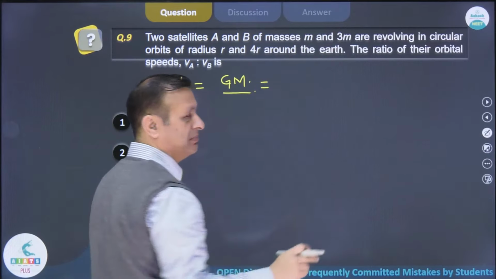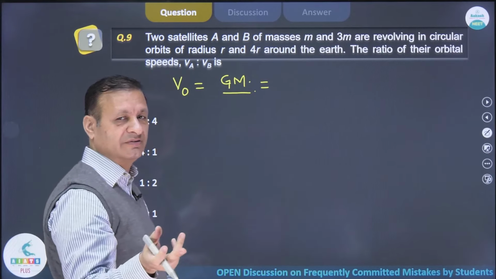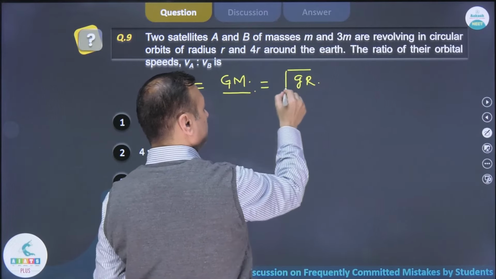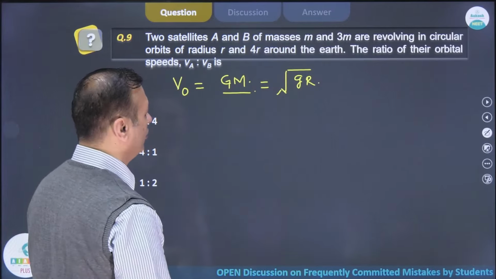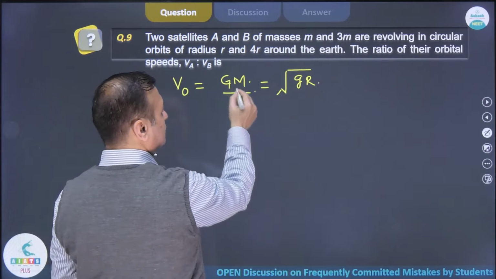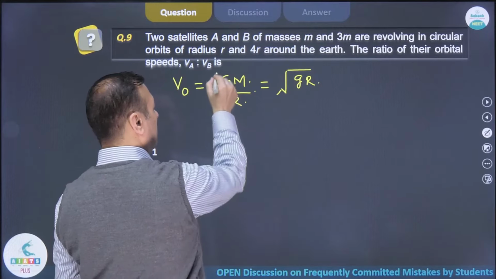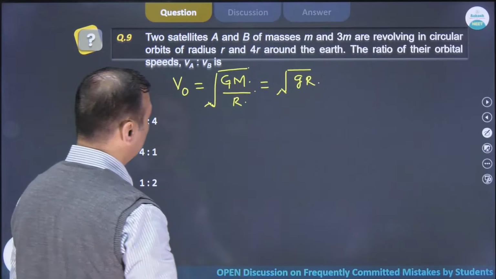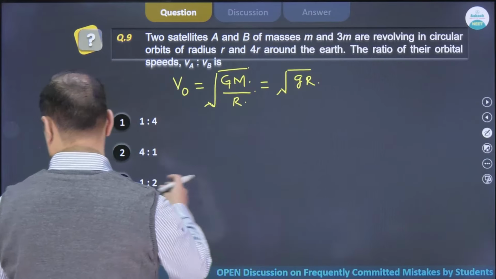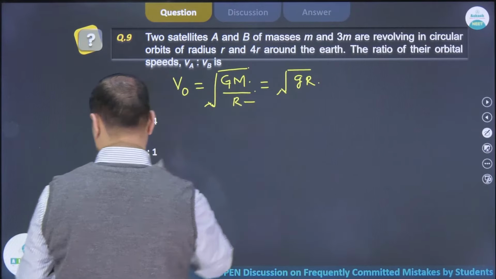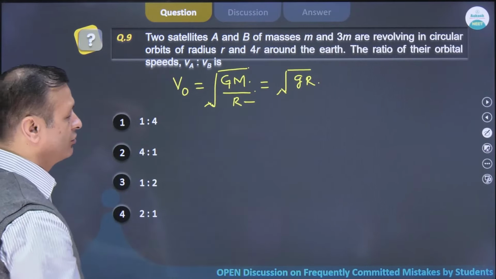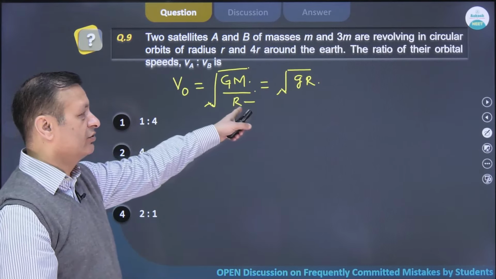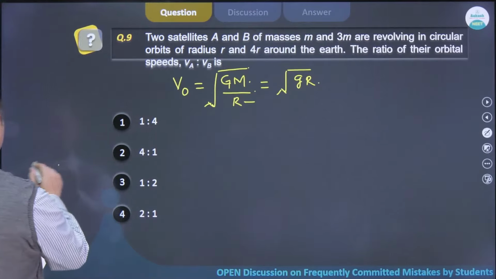either you remember it in terms of this small g, that is acceleration due to gravity, so you put it as root gr, or you simply put it as root of GM by r, where this r is primarily the radius of the circular orbit we have. This is not the radius of Earth.